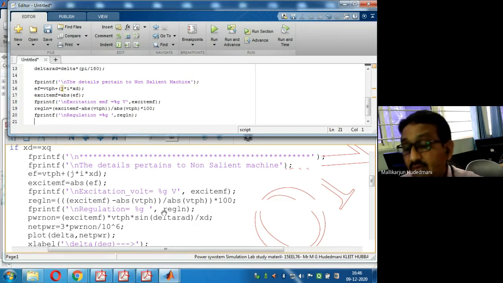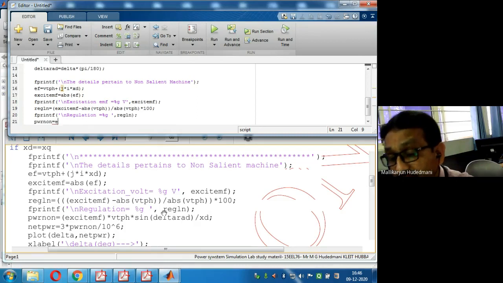First one, power PWR non-salient pole machine equal to excite EMF, I'm using one bracket outside, into VTPH into sine bracket delta RAD, radians, slash XD.